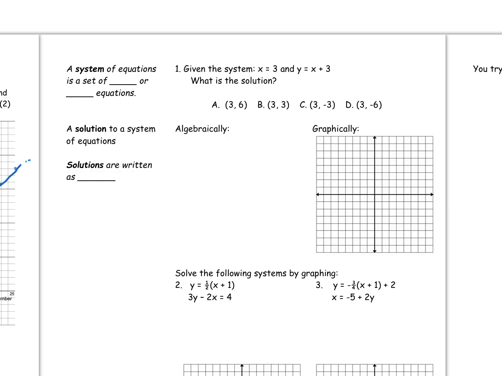Well, then what would the or be? What do you have to have a system of equations? If I have one line, do I have a system? So how many do you need? 2 or more.